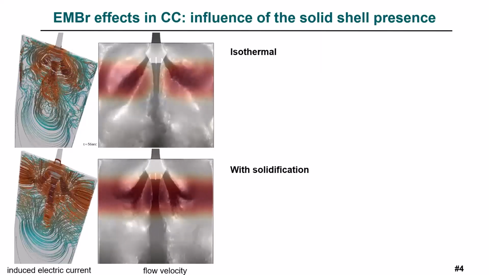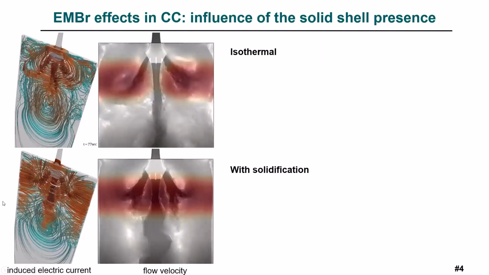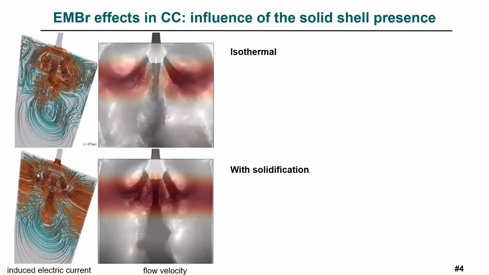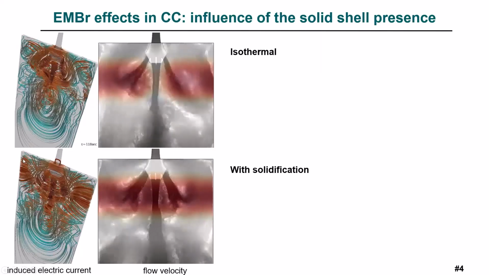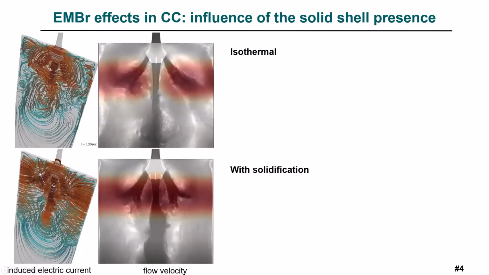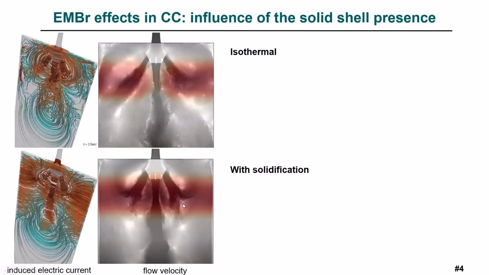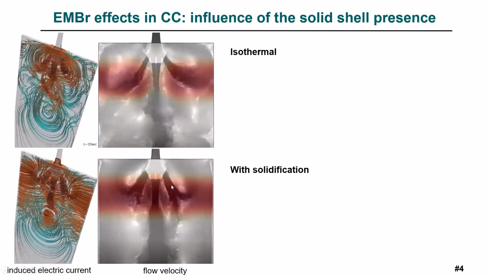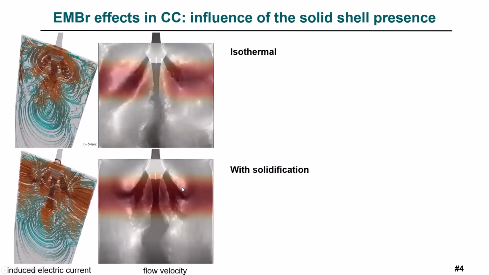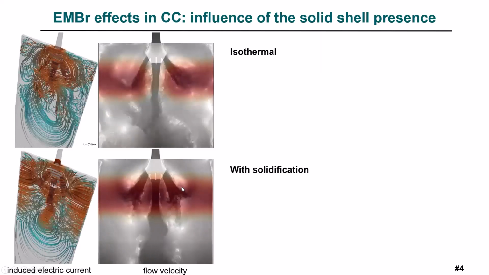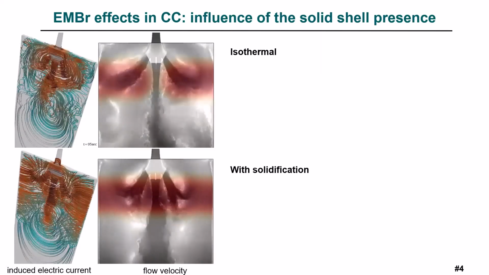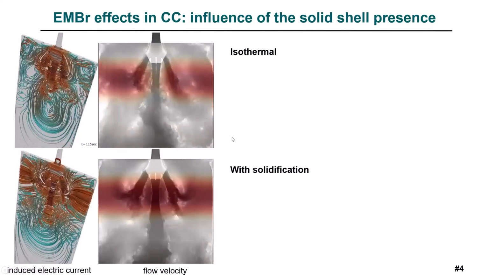When the metal solidifies, the conductivity also increases. And you can see that the induced current lines start to close through the solid shell. And we have a mixed effect. So we have some braking effect, and we still have some mixing and fluctuation, which is desired for solidification.